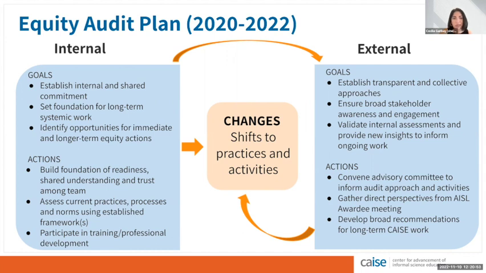The idea was that the internal piece would inform what we understood in terms of shifts, practices, and activities that we were doing, and that the external piece would give us a different lens. They would cross-reference each other and help us have a more robust, holistic perspective on what we were finding throughout.